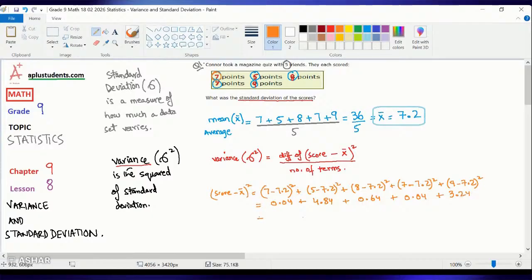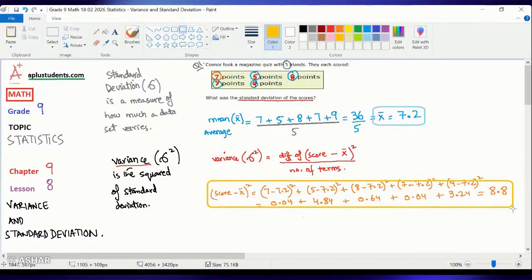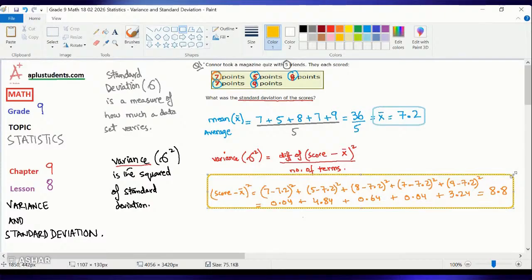So when we add them together, 0.04 plus 4.84 plus 0.64 plus 0.04, and the last is 3.24, the total comes out to be 8.8. Agreed?